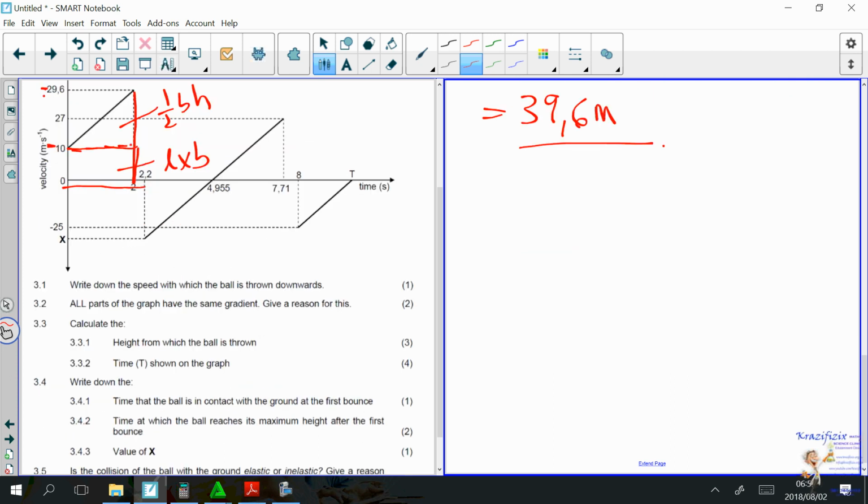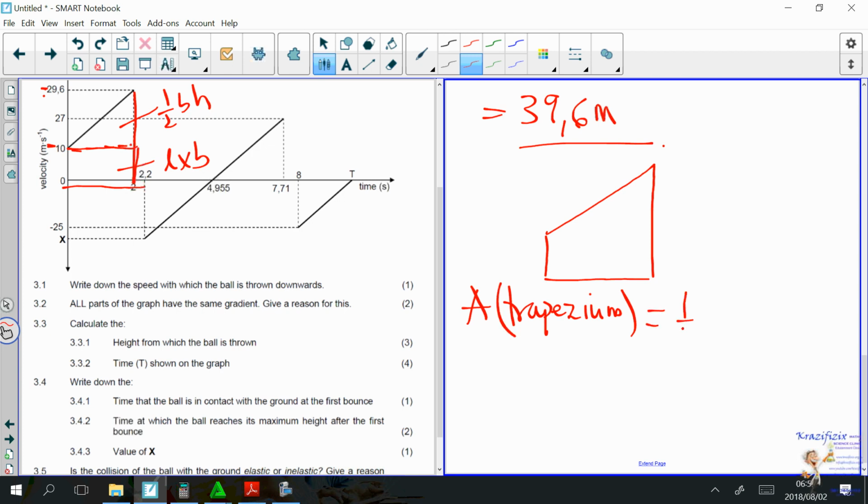Guys, we do have a trapezium there. If you are such a mathematics genius, you should know that the area of a trapezium is equal to half, because it's a combination of the two, and the breadth is common.